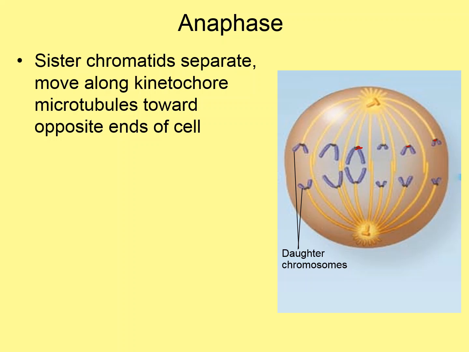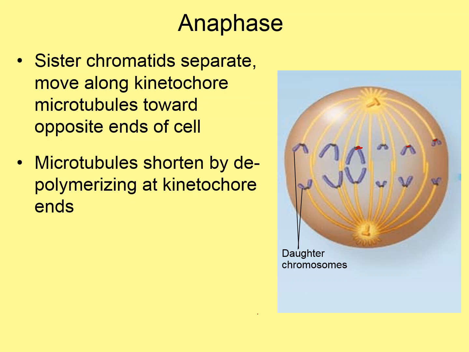Now the microtubules actually start separating the chromosomes and moving them, and basically the microtubules are getting shorter. They're essentially breaking down at the centriole end, and they're pulling as a consequence.